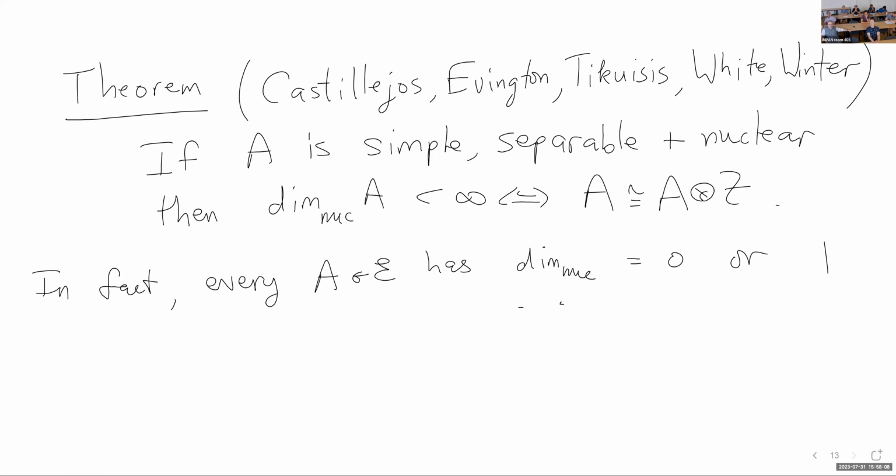There are just two possible values. That's amazing. And in fact, 0 if and only if the algebra is an AF algebra, a limit of finite dimensional algebras. So in particular, the Jiang-Su algebra itself has nuclear dimension 1.